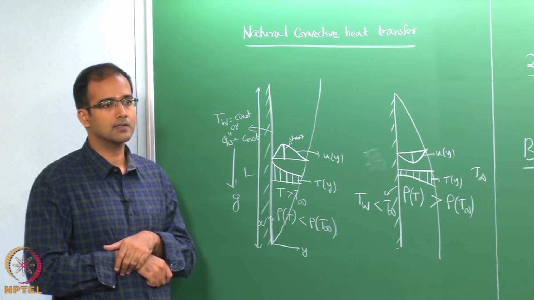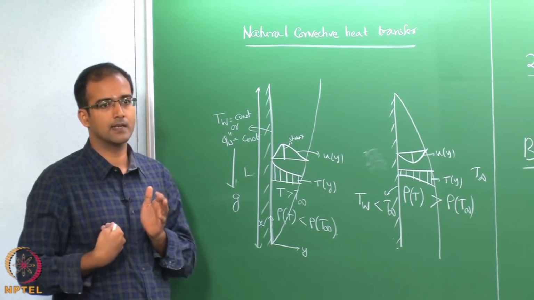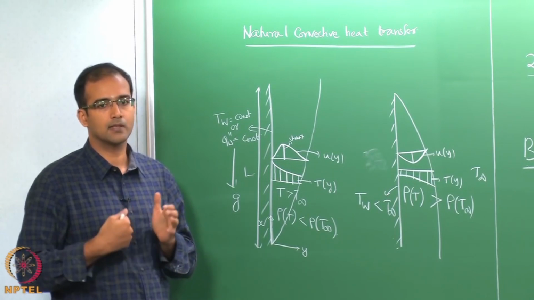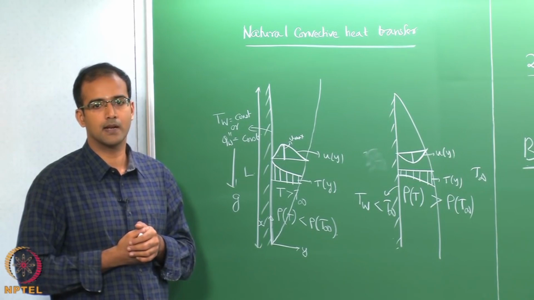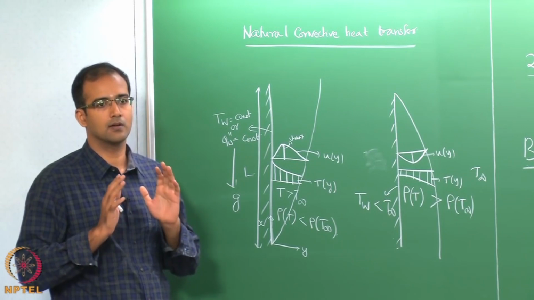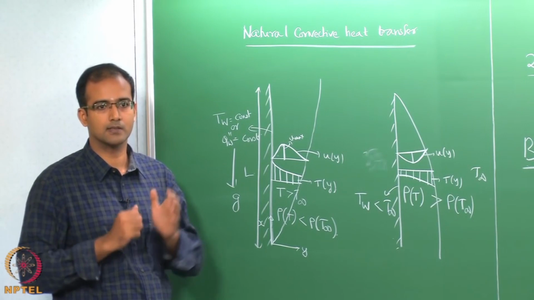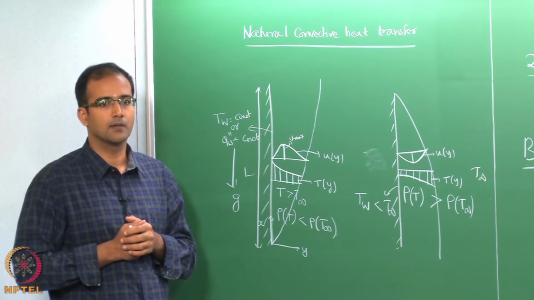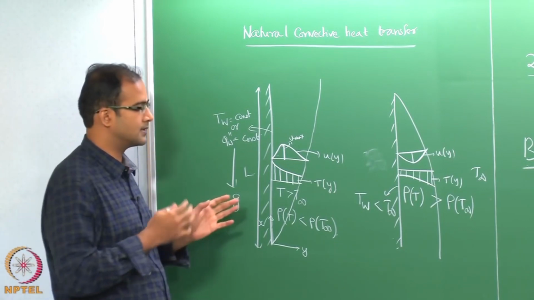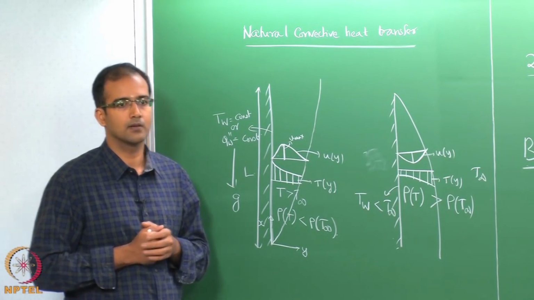So, the body force is where the driving potential, the density difference, emerges as a function of temperature difference. Except for the body force term, it is reasonably good enough to approximate the density to be a constant everywhere else in the equations, provided the temperature differences are small enough. If the temperature differences are very large, even the Boussinesq approximation will not be valid.